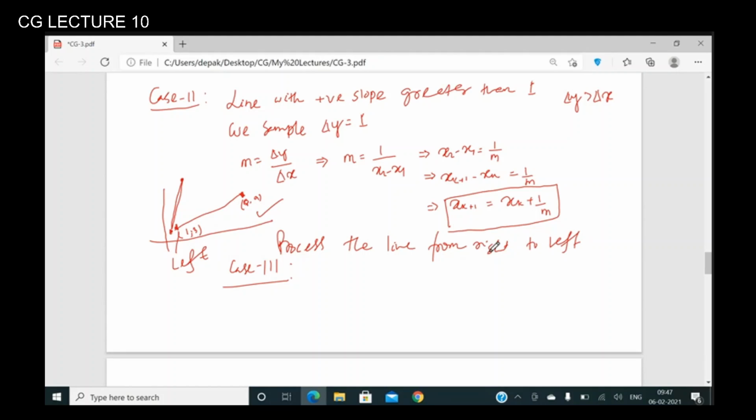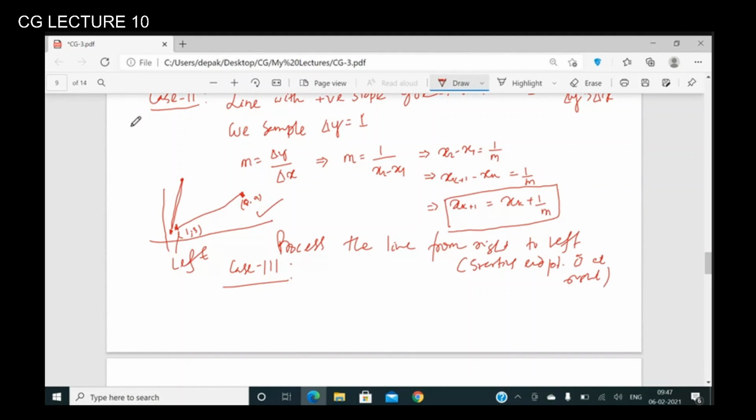I mean the end point I'm talking about. The starting end point is at the right in this case, and for case 1 and case 2, the starting end point is at the left. Then only this will work.